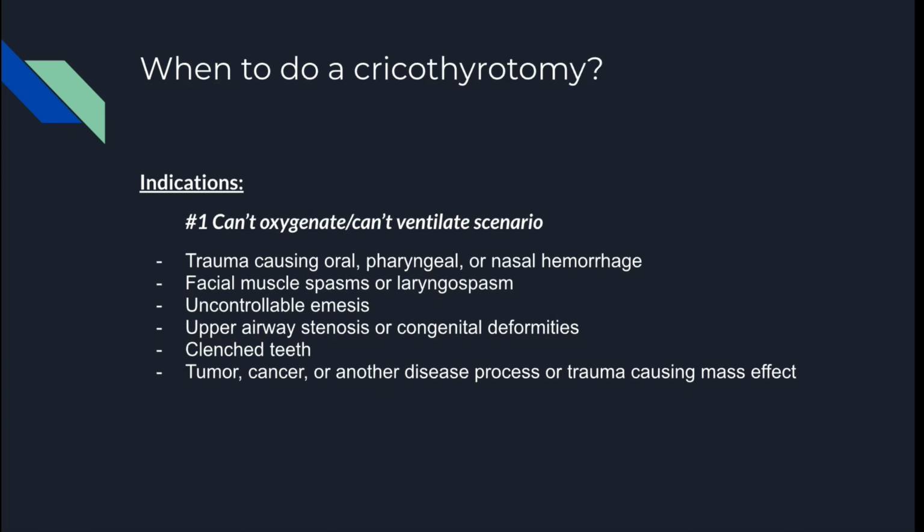It could be a patient that has MH or malignant hyperthermia from when we administer succinylcholine. A patient that has a tumor, cancer, or any other disease process or trauma that causes a mass effect within that upper airway that makes endotracheal intubation difficult or impossible.